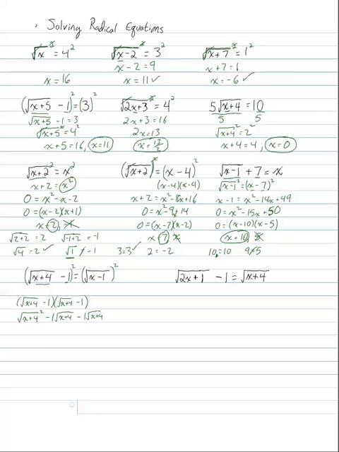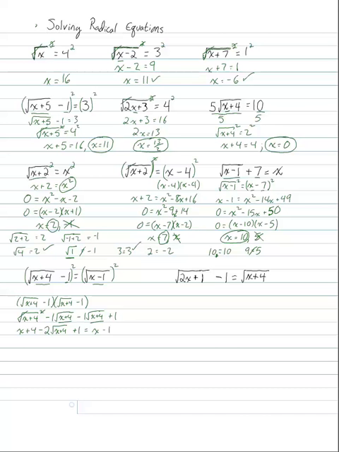And last: minus 1 times minus 1 is plus 1. So the square root of x plus 4, squared, is just x plus 4. These are like terms, the 2 square roots of x plus 4, so minus 2 square roots of x plus 4, plus 1. On the other side, the square root of x minus 1, squared, is just x minus 1.